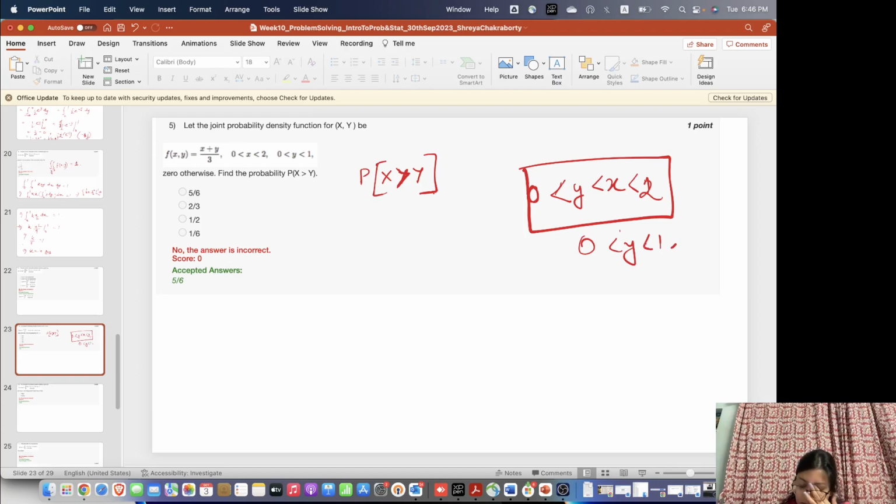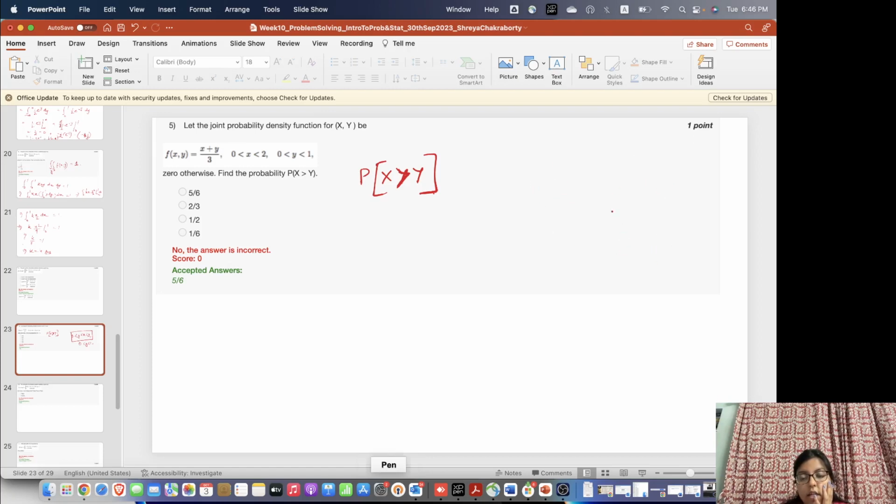Or in other words, if I have to find this probability, then I should integrate in ranges where y is less than x, because x has to be less than 2 and y has to be less than 1.